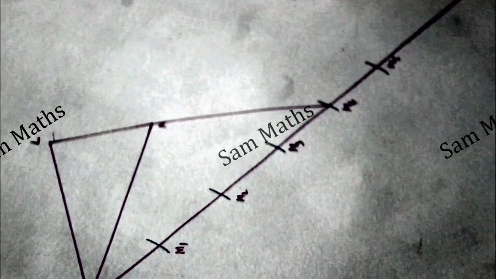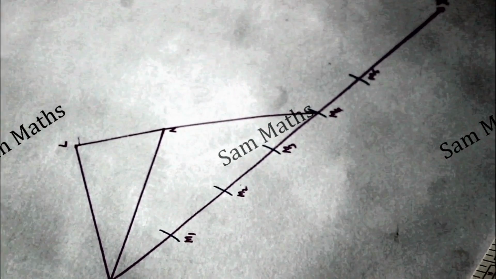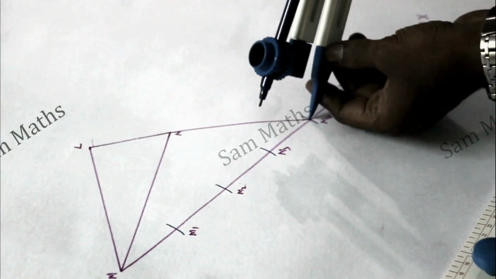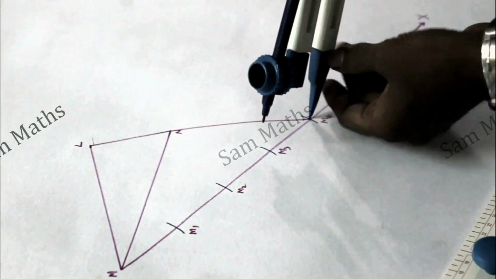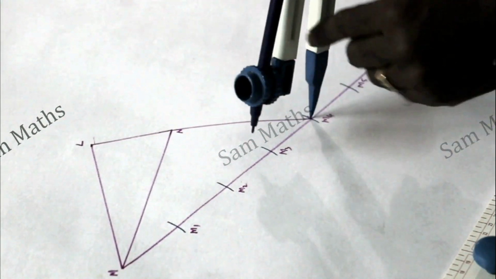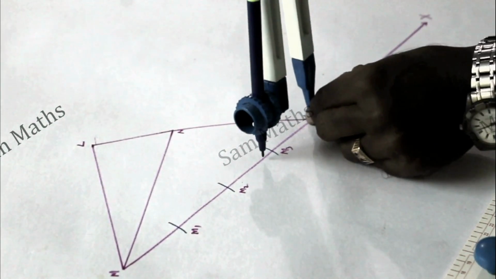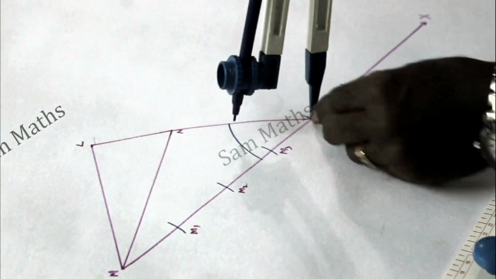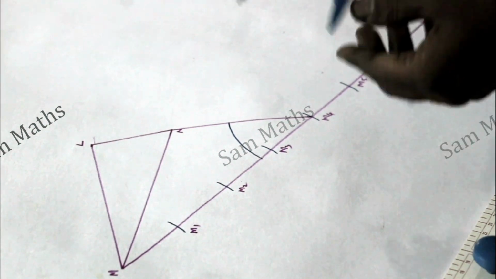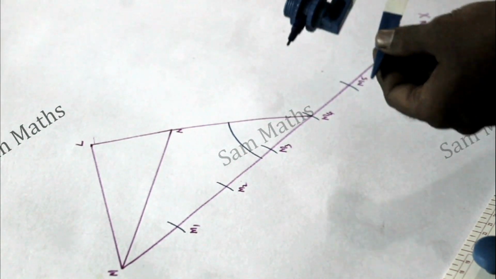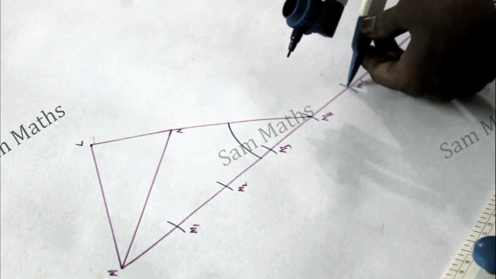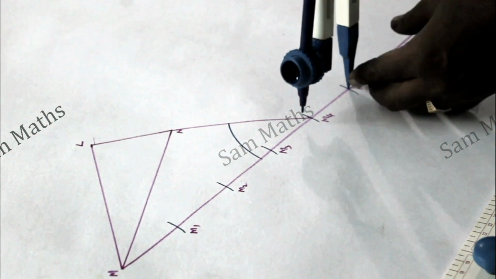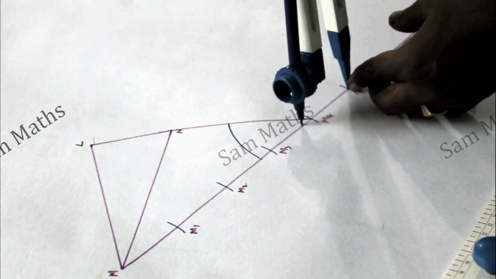Now with the help of the compass, with any radius, M4 as the center, you draw an arc. Any radius you can draw. With the same radius, it's very important, don't change the radius, with the same radius, M5 as the center, you draw an arc.